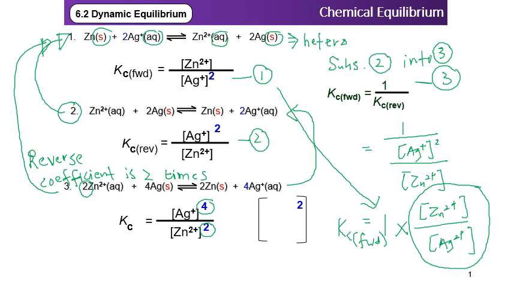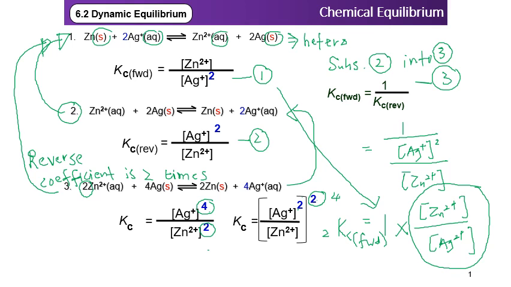If I want to relate this with the second equation, the Kc for the second equation will be equal to silver ion to the power of 2 over zinc ion. Then I can make a bracket and raise it to the power of 2. So 2 times 2 here becomes 4, and 1 times 2, the power here becomes 2. So it's exactly the same as the one that we wrote.